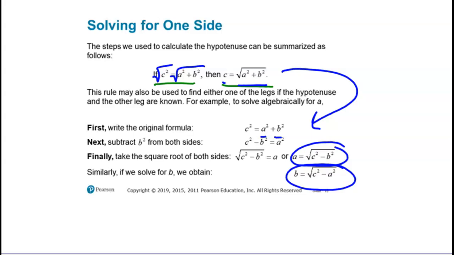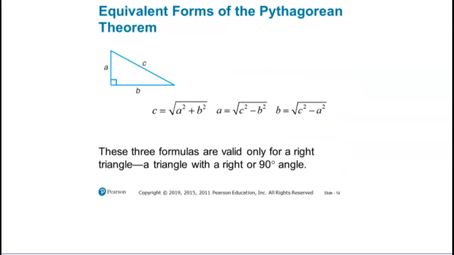Again, most of the time it doesn't really matter if you just pick one of them, either solving for A or B, and then just label your variables accordingly. So these are the three different forms of the Pythagorean theorem. You might want to write these down on the side so that you can use them for different problems as you need either the hypotenuse or the sides.